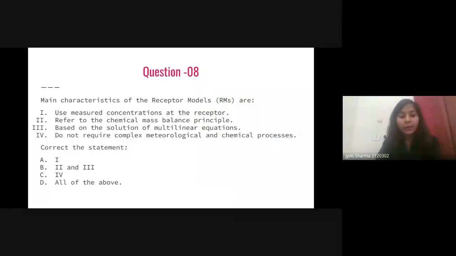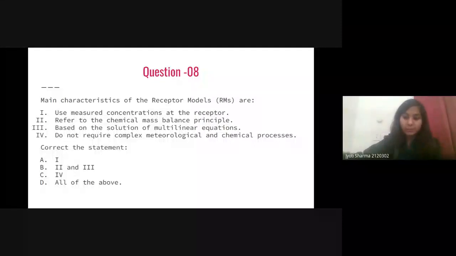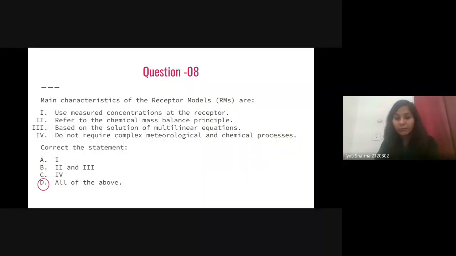Then it doesn't require complex meteorology and chemical processes, like the bottom-up approach, because you know that in the dispersion model we need meteorological and topography data. Based on that it will decide how this pollutant will disperse from the source to some receptor. So there is a need of meteorological data in the dispersion model, but if you are talking about the receptor model, then there is no such need. So the answer should be all of the above.